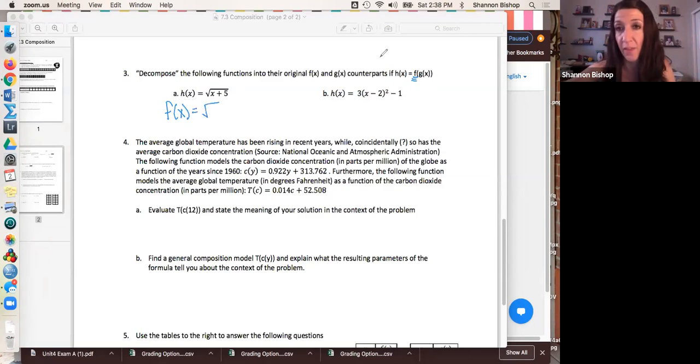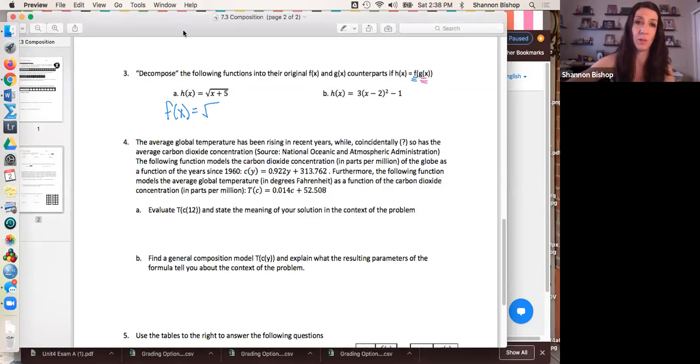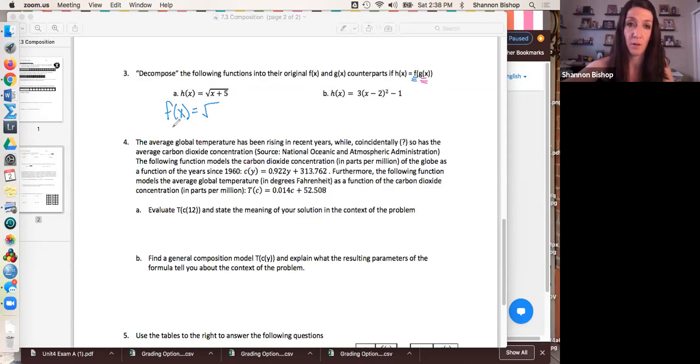And I'm thinking that my inner function, which they asked me to name G, has something to do with the x plus 5.